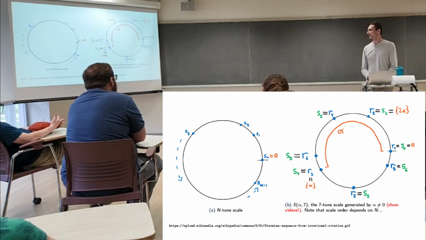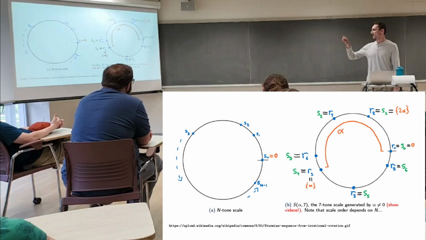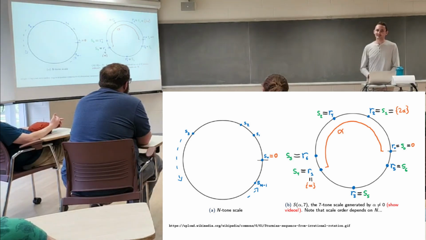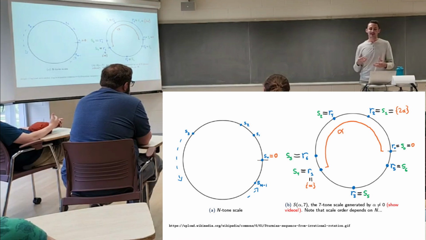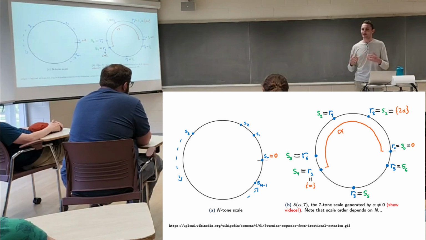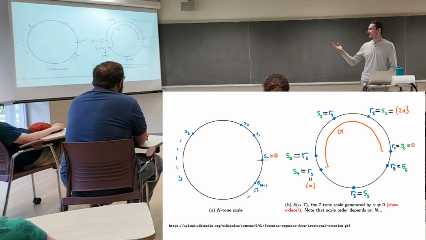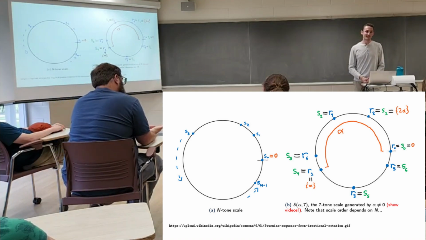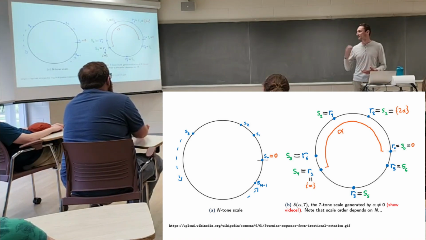So we start with R0, then we rotate by alpha to get to R1, and you keep rotating by alpha to get to R2, and so on until you get to R6. So we have that iterate order, the order that we tune the scale in. But we can still label the pitches in terms of the scale, the ascending scale order, which you can see in green there.